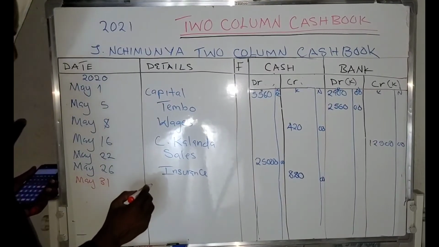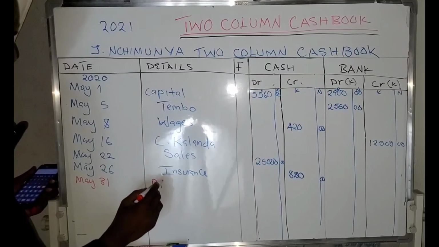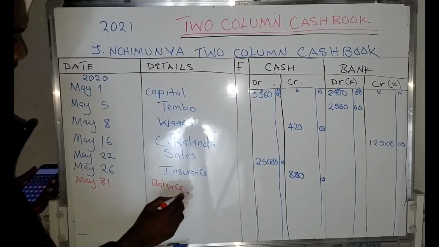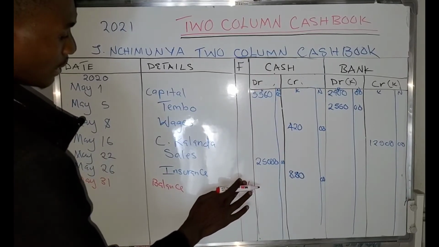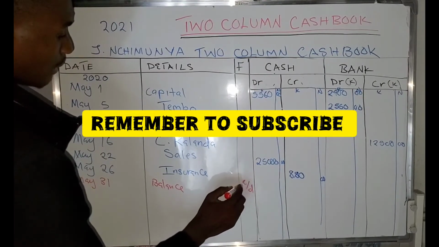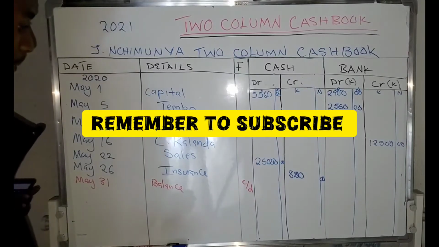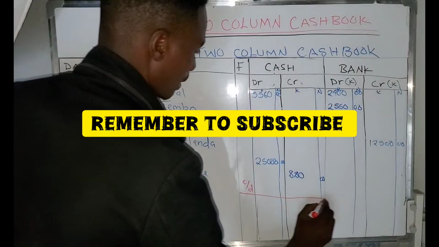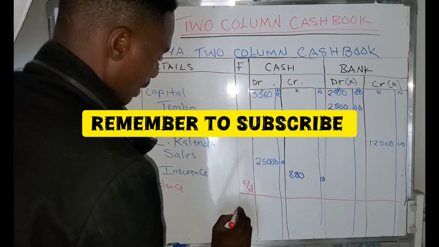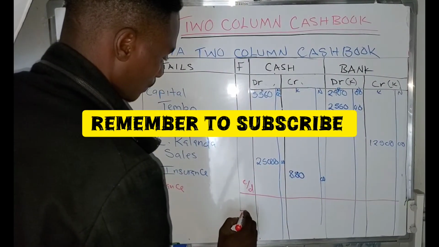Then we're going to write balance here. Balance carried down, CD. All right, carried down. Then let's draw a line here. We're going to write our total.